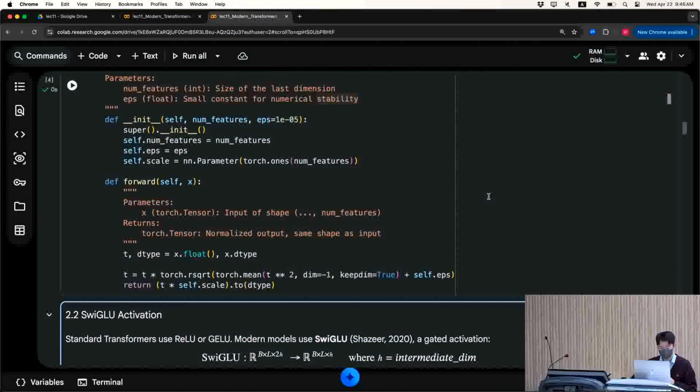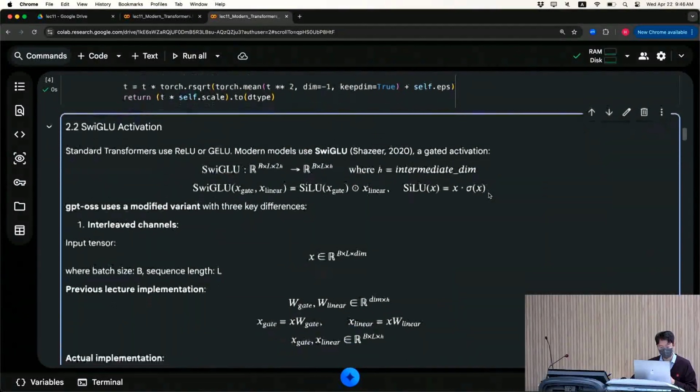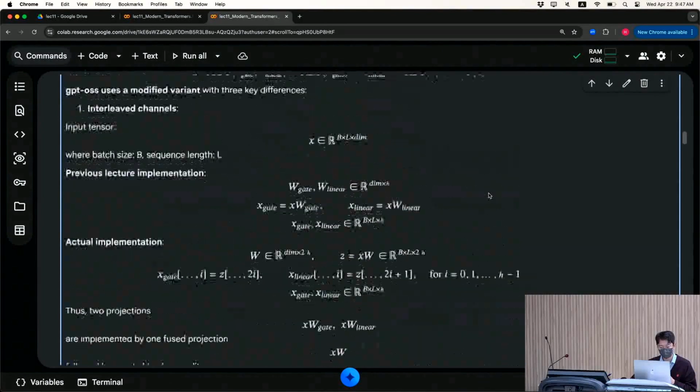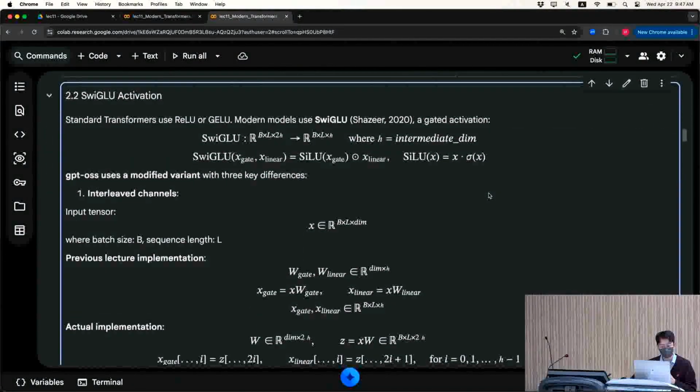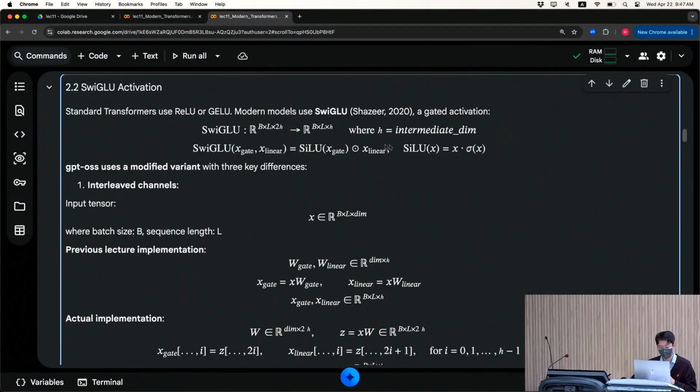All right, so we already talked about this. What's different in OSS's implementation of SwiGLU? The basic equation looks pretty much the same. You have x gate, x linear. You take SiLU of x gate, where SiLU is x times sigmoid of x, element-wise multiplied with x linear.